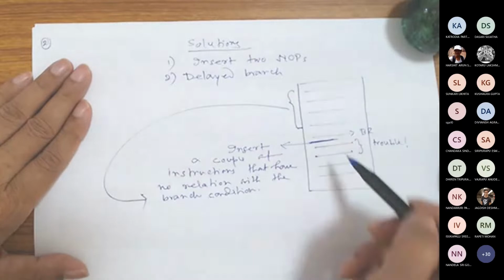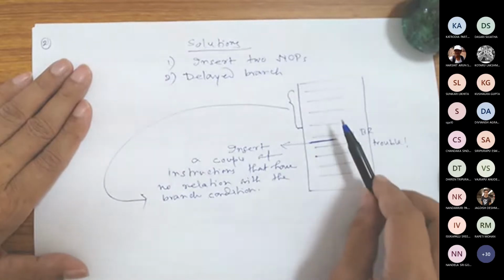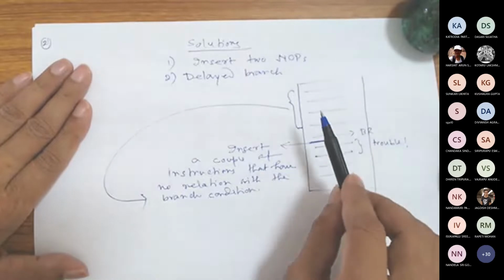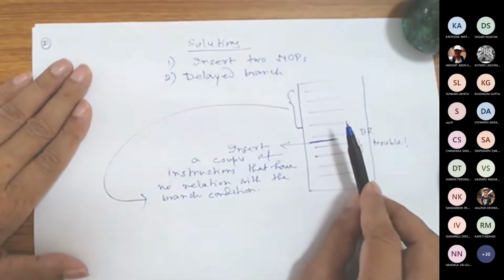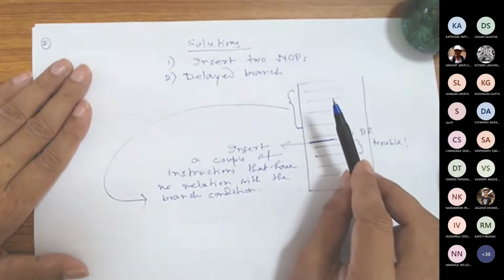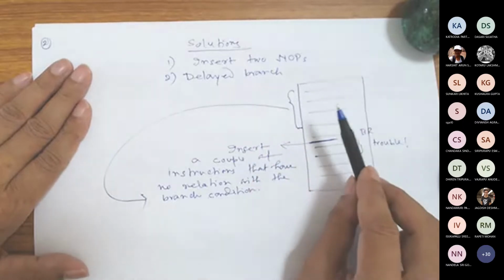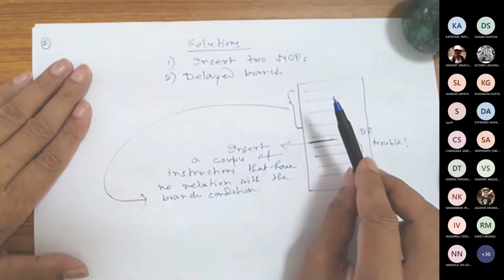Because by the logic of sequential execution, we know that whichever the instructions that are prior to branch, they must complete before branch gets fully executed. Or, it's not like that they must complete, they must be in the pipeline.